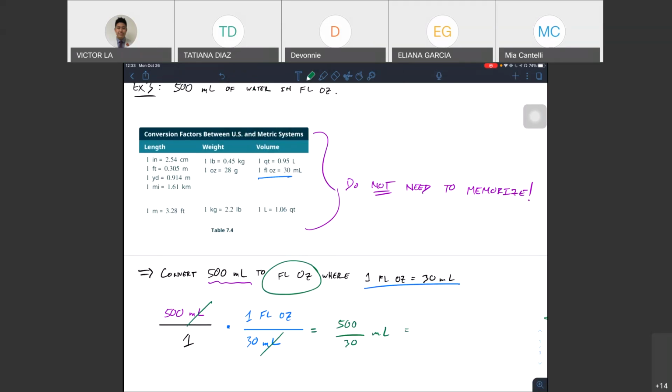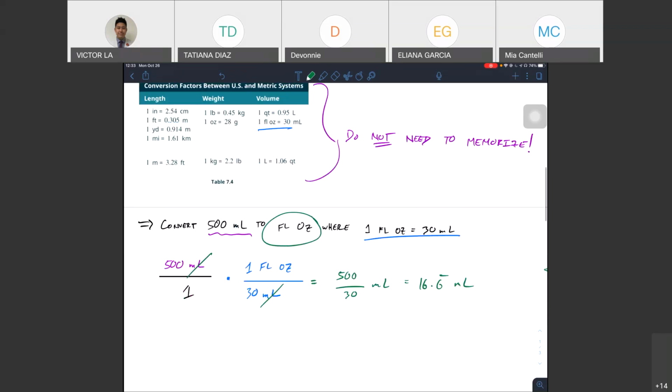You have 16.6 repeating. But if you were given a multiple choice test, right, they'll probably ask you to round to a certain point.